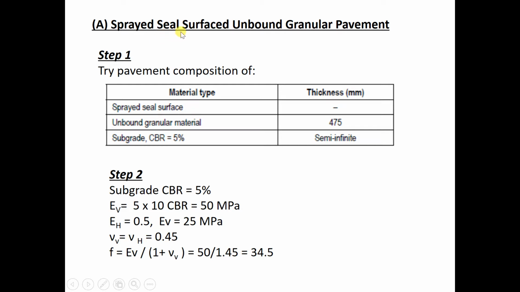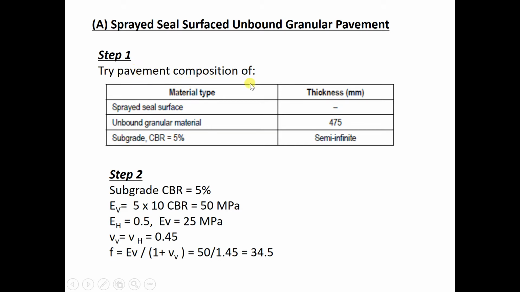The first one, the spray seal surface with unbound granular material. For the spray seal thickness, we just put 0. We're not going to put anything. And then the unbound granular material, 475 mm. So this is a trial.